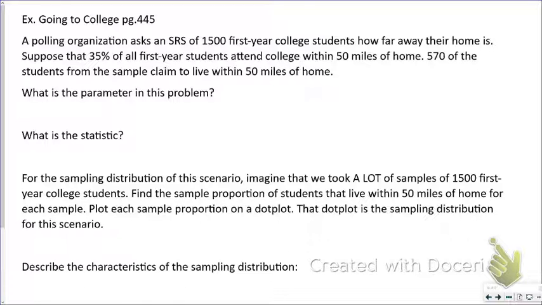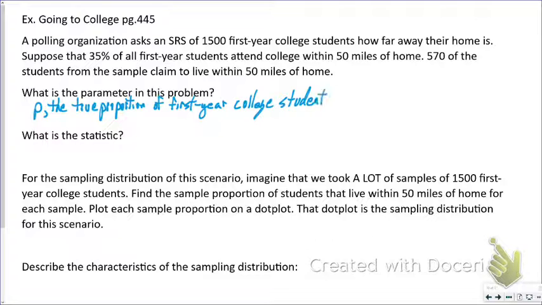The parameter would be p, the true proportion of first-year college students that live within 50 miles of home, and we know what it is, 0.35.